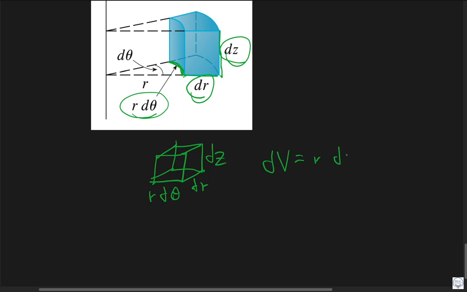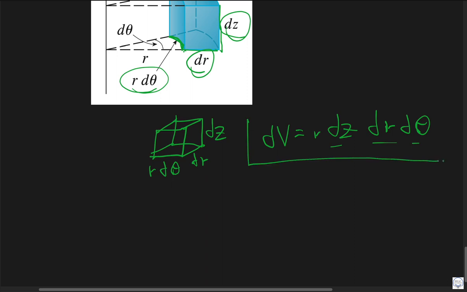Let's write this so that our order is obvious. So we have dz dr d theta. It's just the product of these three things, arranged in this way because we usually do the z integral first, then the r integral, and the theta integral last. So this is our geometric interpretation of the volume element in the cylindrical coordinate system.